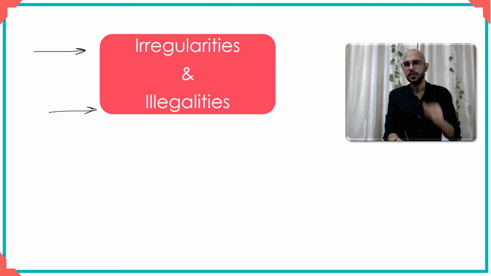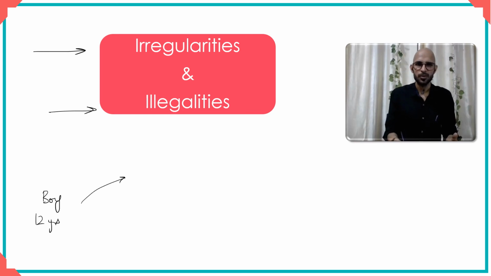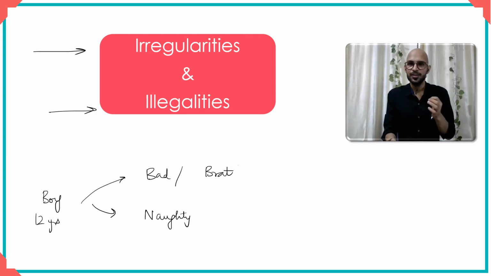Let us say there's this boy who does not behave himself. This boy of the age, say, let's say he's 12 years old. He doesn't behave himself. You can use two kinds of adjectives for him. On the one hand, you could call him a bad boy, or you could call him a brat. On the other, you could call him naughty. You see, neither of these is a compliment, but naughty looks like a milder word.